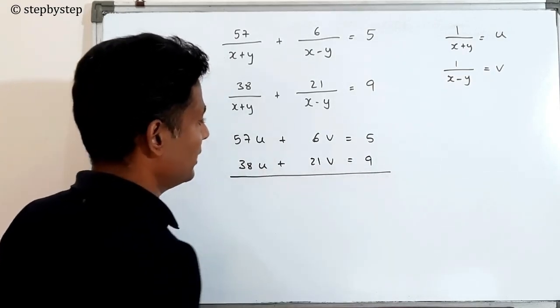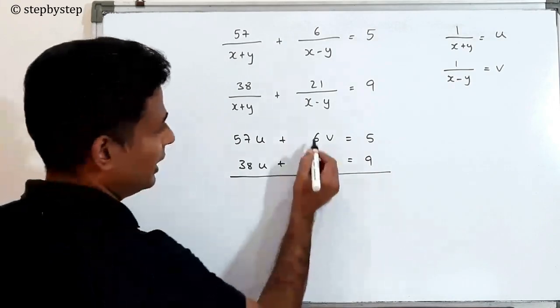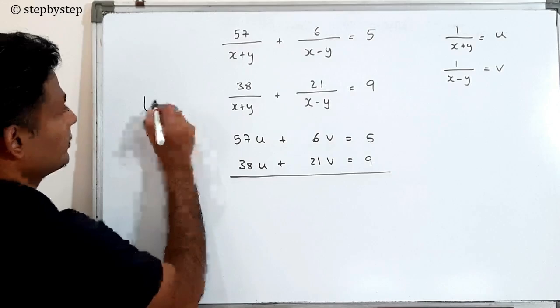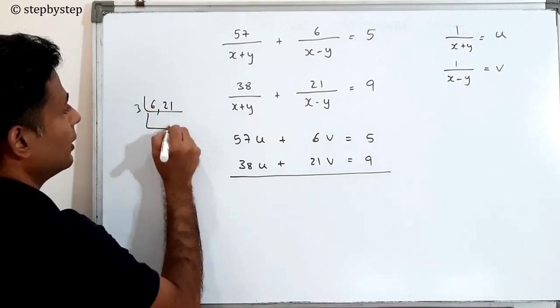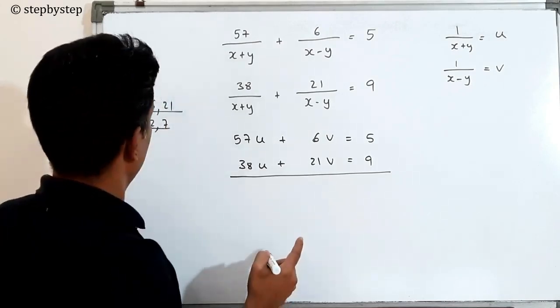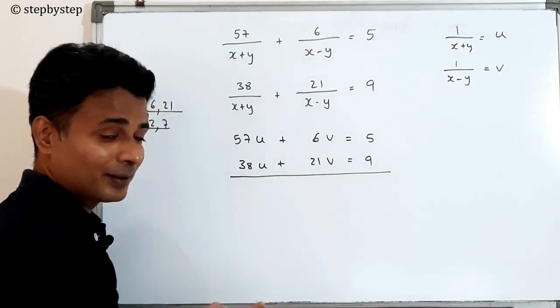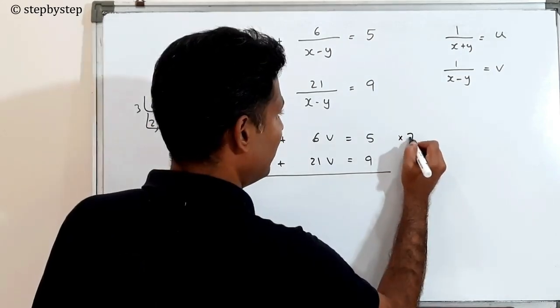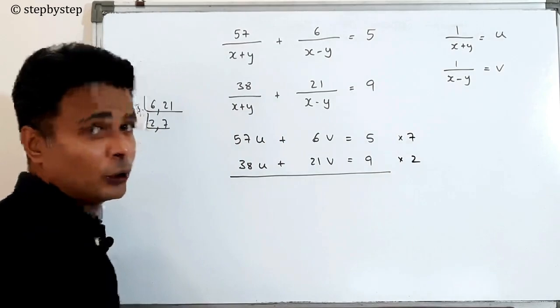Now using the elimination method I'll solve this. Here it's 21 and it's 6, so the LCM of 6 and 21 will be 42. So here multiply by 7 and here by 2.